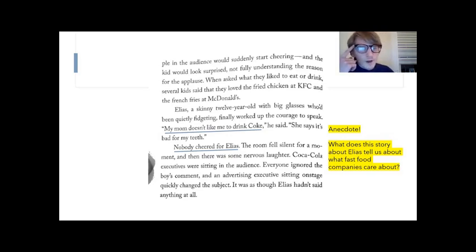So think about why the authors would use an example of Elias, this 12-year-old kid, being rejected and ignored by all these rich, powerful fast food executives. Why would the authors use this anecdote about Elias? So we're going to write about that in our exit prompt.